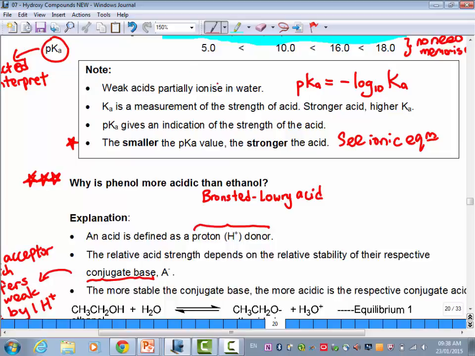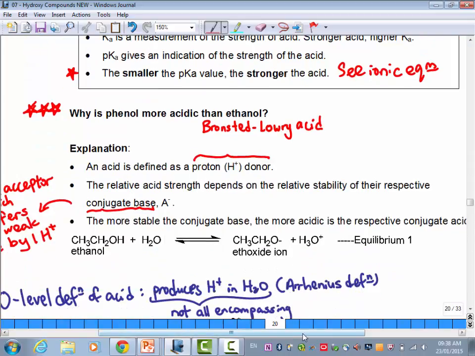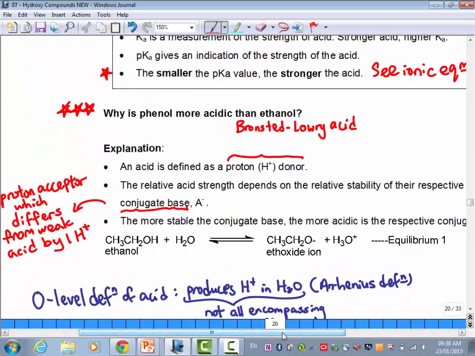Like what I mentioned, the definition of acid that we are going to use is that of Bronsted-Lowry. According to Bronsted-Lowry, an acid is a proton donor. After an acid donates or gives off a proton, you are left with an anion. This anion has a special name: it is known as the conjugate base.